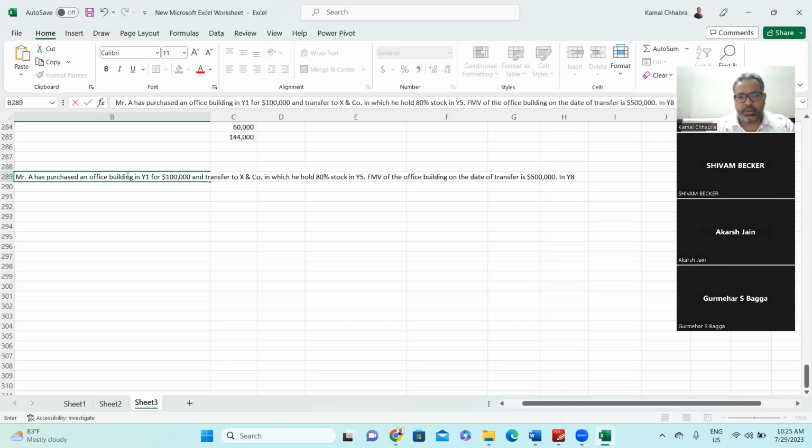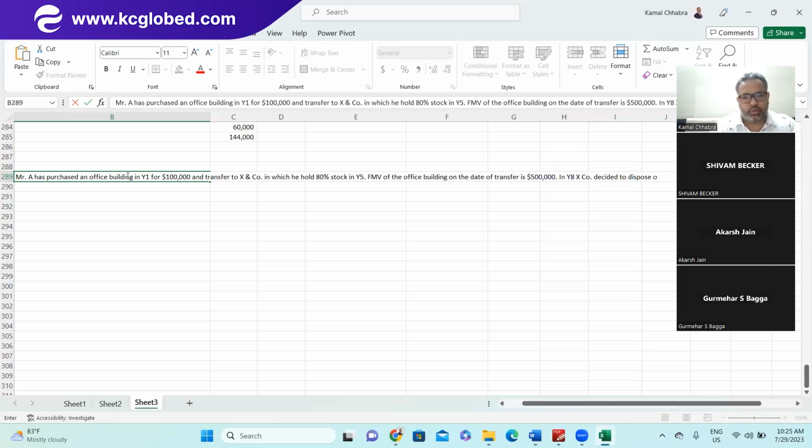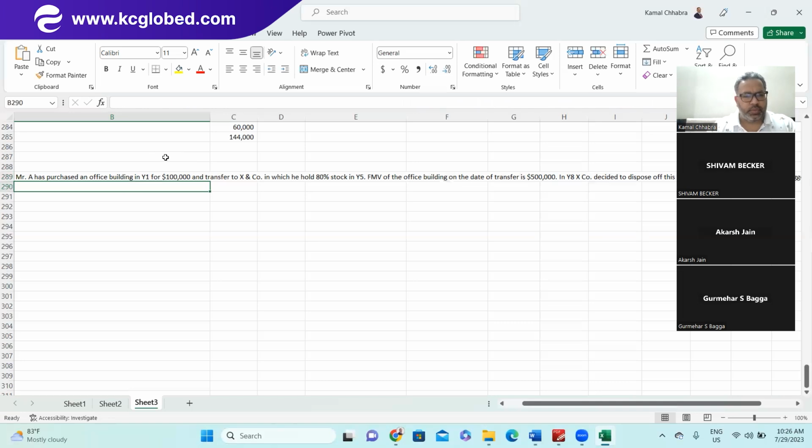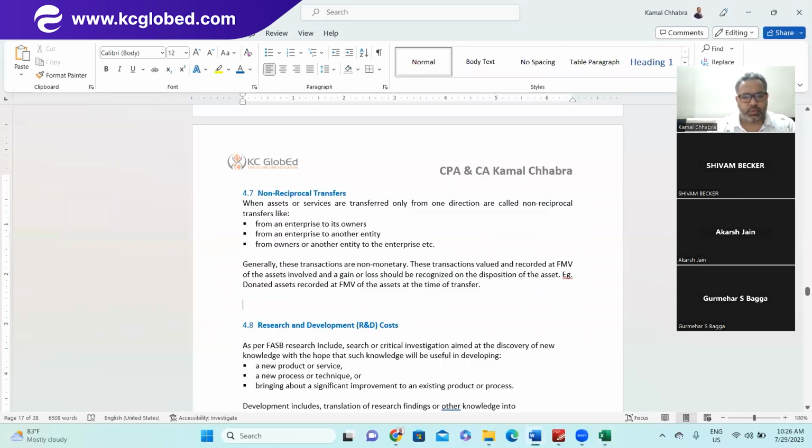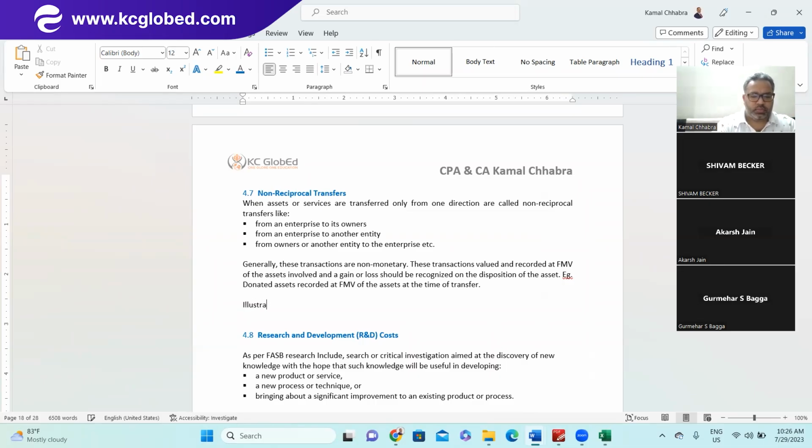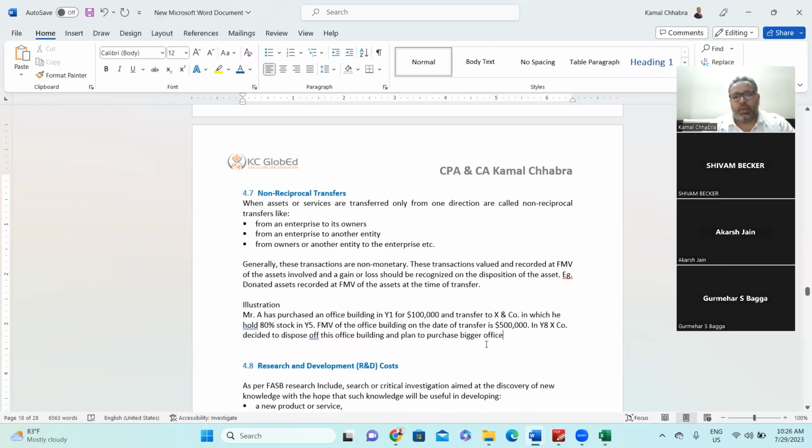In year 8, X Company decided to dispose of this office building and plan for a bigger office nearby.